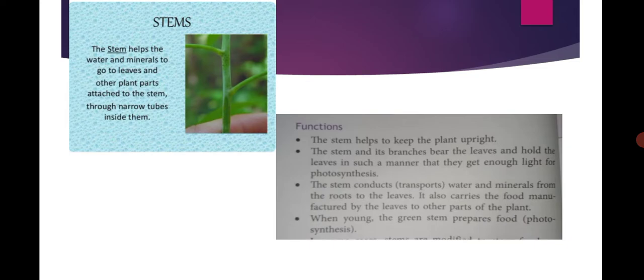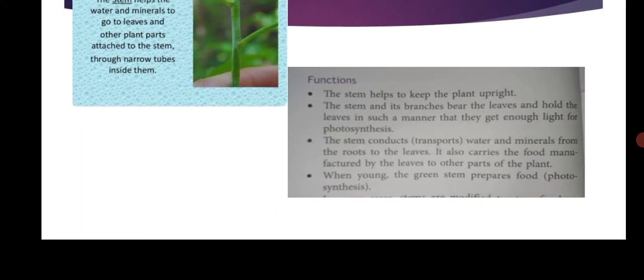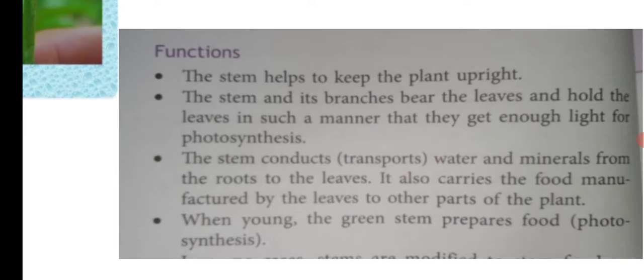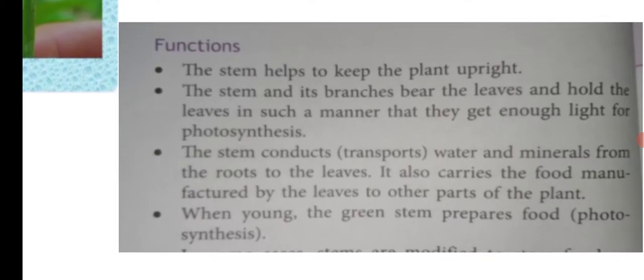The stem and its branches bear leaves and hold the leaves in such a manner that they get enough light for photosynthesis. The stem conducts water and minerals from the root to the leaves. It also carries the food formed by the leaves to the other parts of the plant.